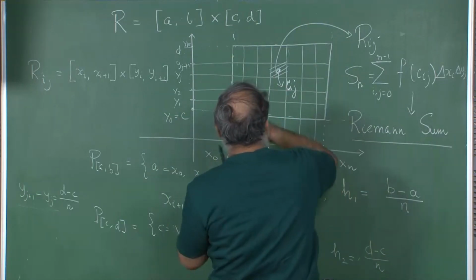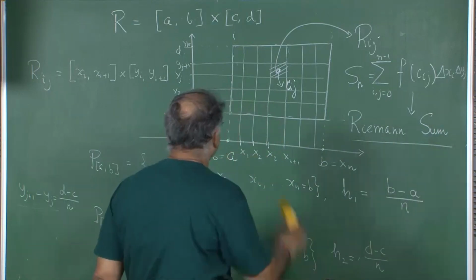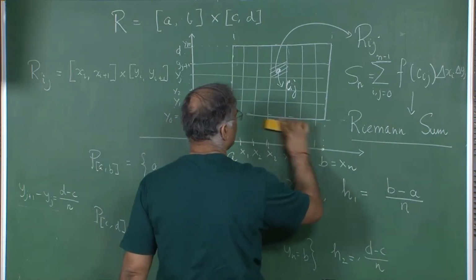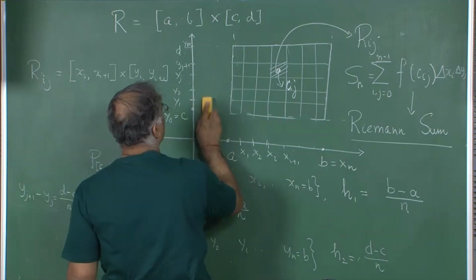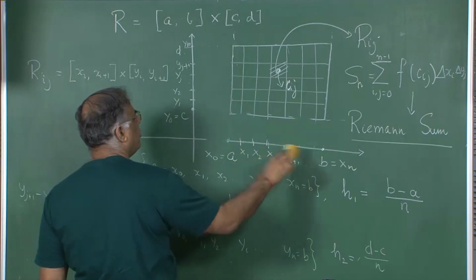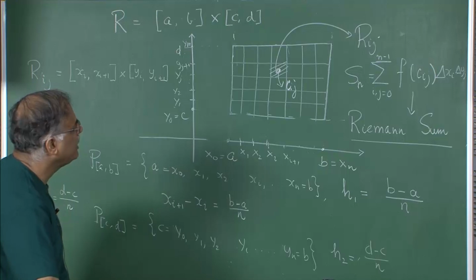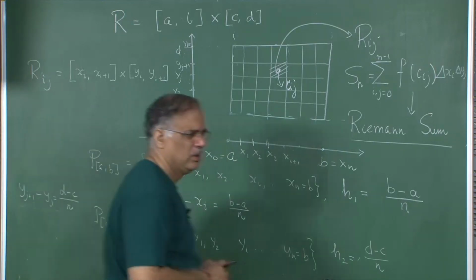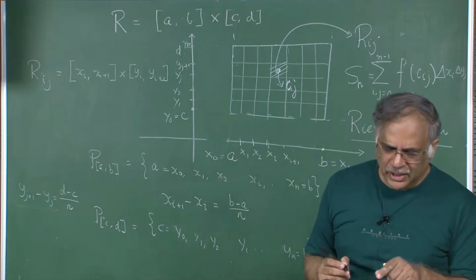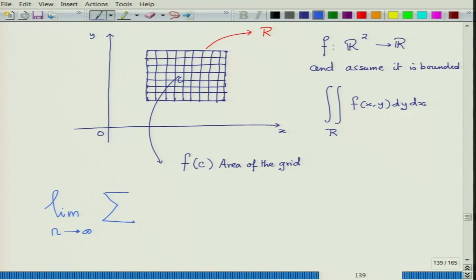If we just take the rectangular region and rub off this part of the drawing, then what you have formed is a grid. So, if you have more and more partitioning points, the number of grids would become finer and finer.